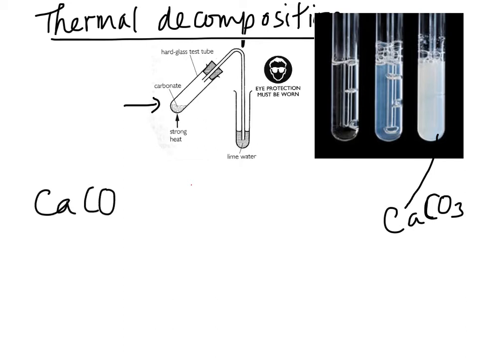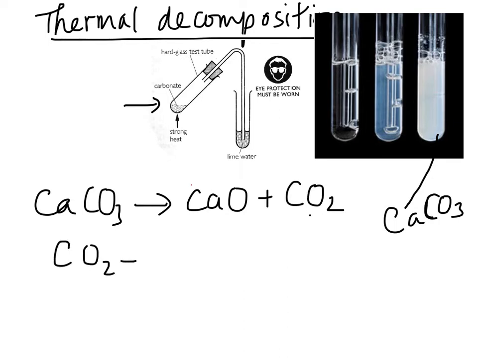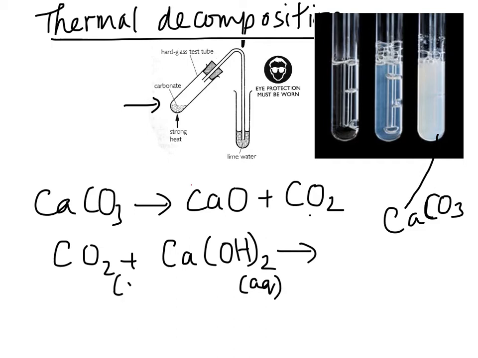Calcium carbonate, you've just seen this reaction. This is thermal decomposition, giving calcium oxide plus carbon dioxide. This carbon dioxide, you pass it through calcium hydroxide, which is lime water, and this is aqueous, which means it's a clear liquid, and this is a gas.